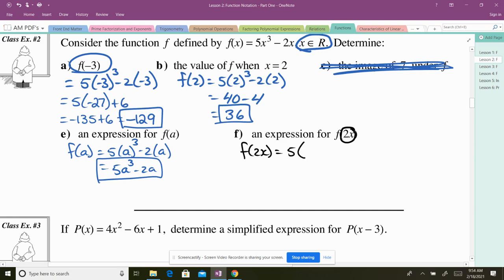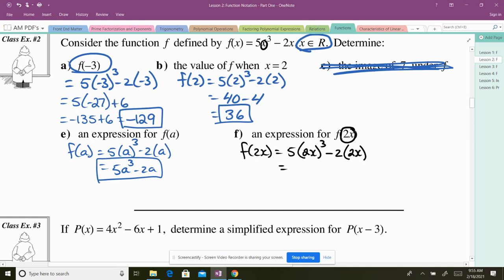Now, instead of writing x, this x, what do I put? 2x. And it's all cubed. Minus 2 times what? 2x.